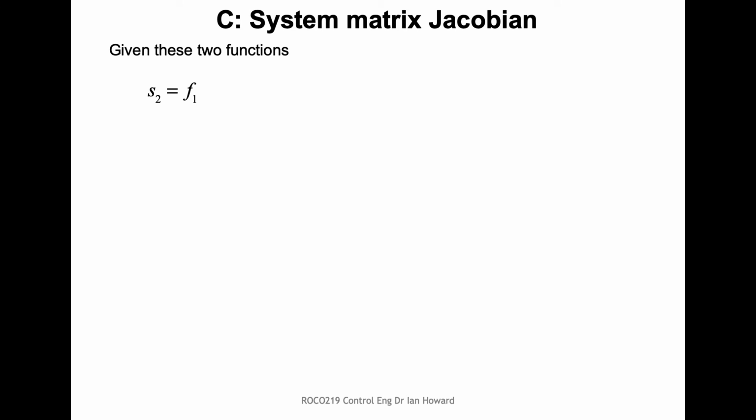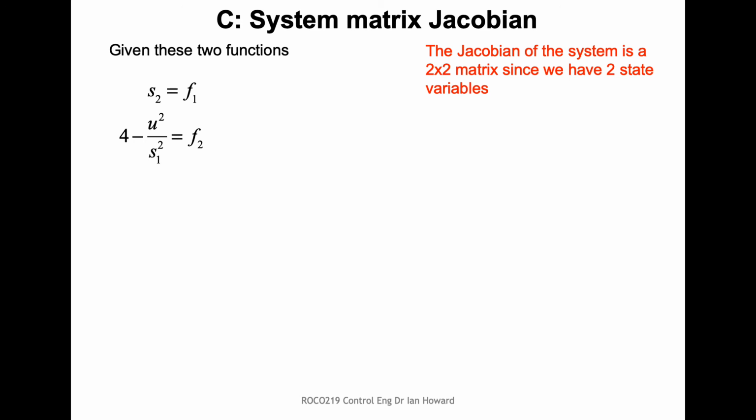So given these two functions now, F1 equals S2 and F2 equals 4 minus u squared divided by S1 squared, we need to calculate the Jacobian matrix of the system, and we're going to have to later evaluate this at the equilibrium position. Right?